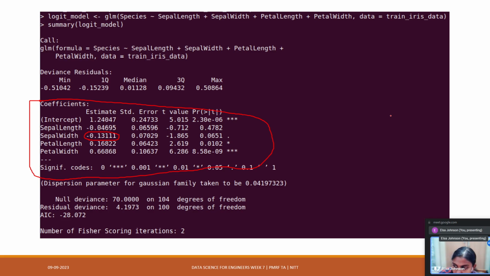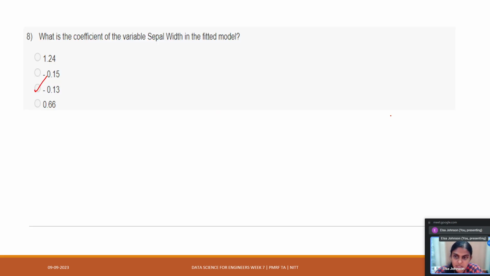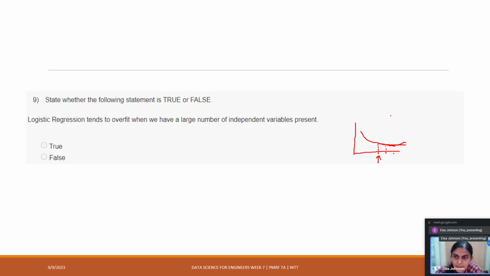That also you can avoid, because only one column from that is required for the prediction. If you use a large number of such independent variables, it will lead to overfitting.